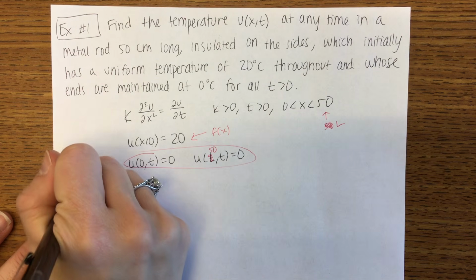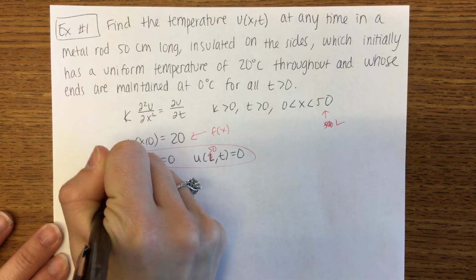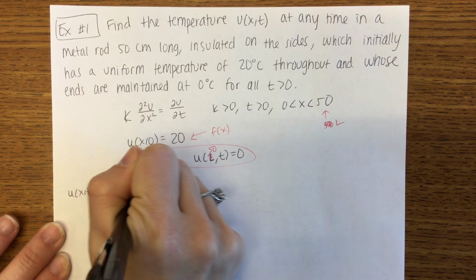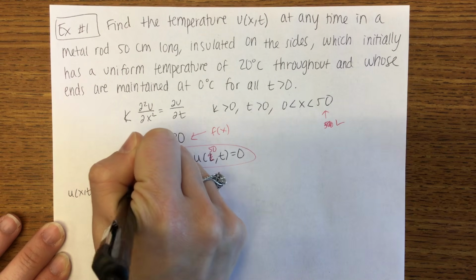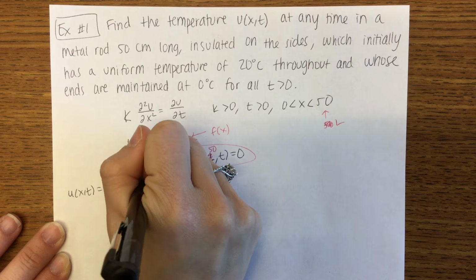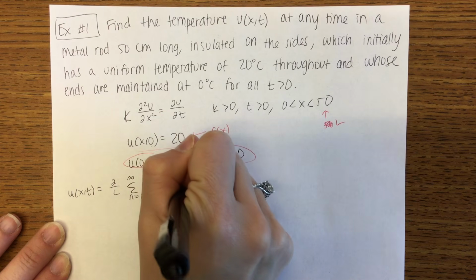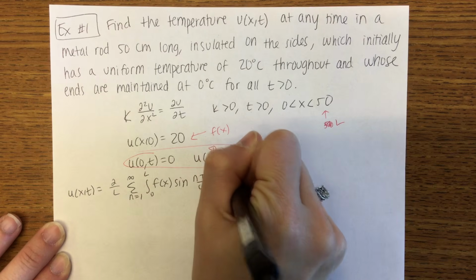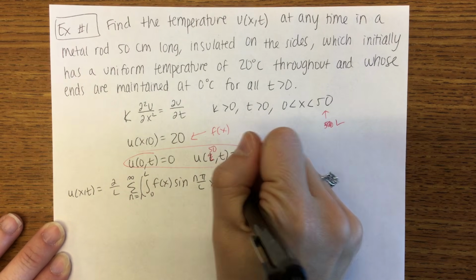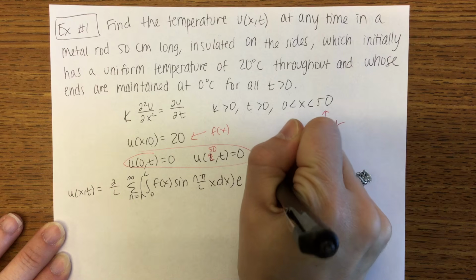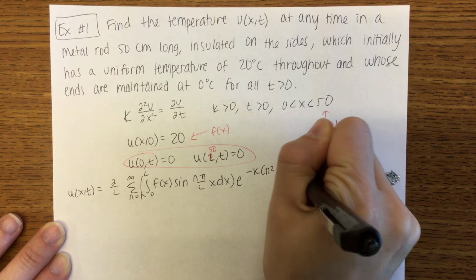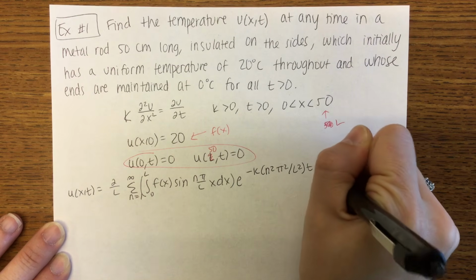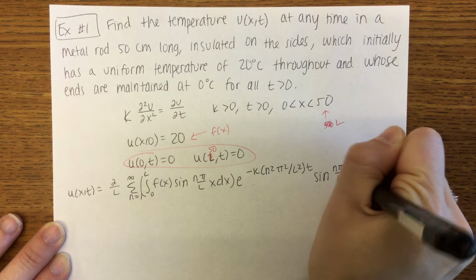Okay, so our u of x,t is going to be 2 over L, the summation n equals 1 to infinity, integral 0 to L of f of x sine of n pi over L x dx, times e to the negative k n squared pi squared over L squared t, sine of n pi over L x.